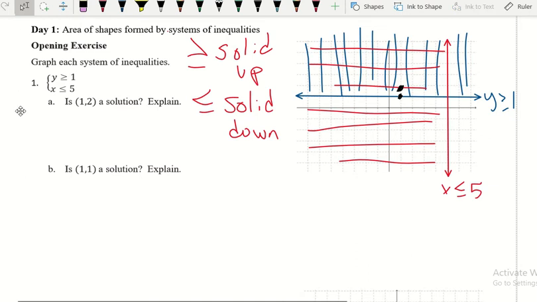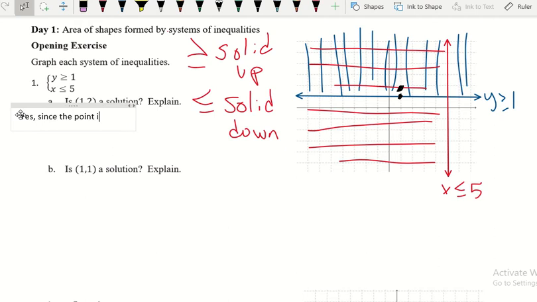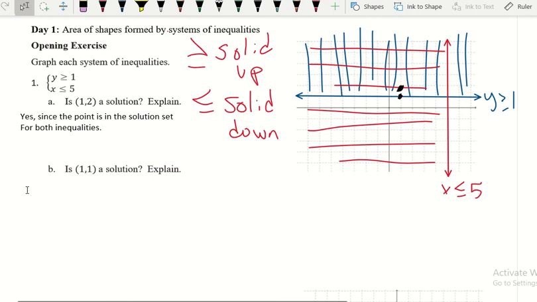So both of the answers here are going to be yes, since the point is in the solution set for both inequalities. And then is 1, 1 a solution?